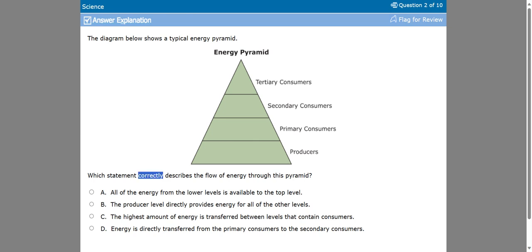So when I see words like this, that's letting me know that it does not require analysis. This type of question is really looking at, are you able to read the information that is directly stated, or what could be said explicitly stated in the graph or in this diagram, as they call it here?